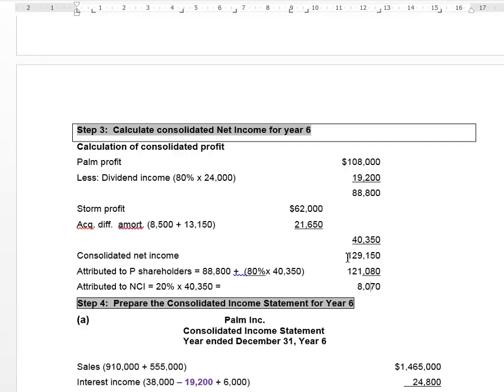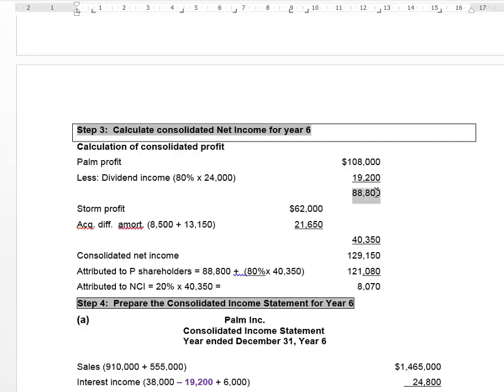So to get 129,150, the remainder of what didn't get allocated to the NCI gets allocated to the parent shareholders, and that's $121,080. Or we can calculate it this way.